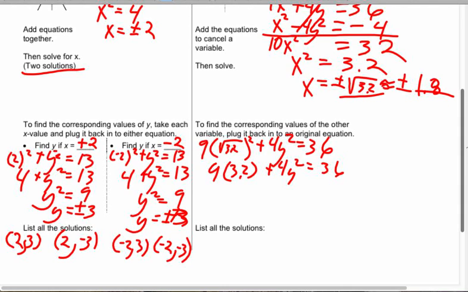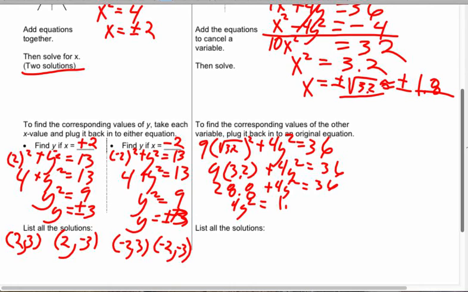And that gets me 28.8 plus 4y squared equals 36. 4y squared equals 36 minus 28.8.